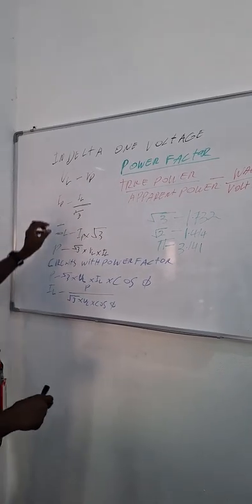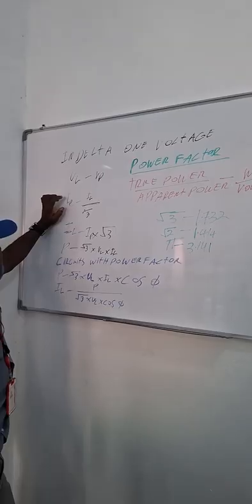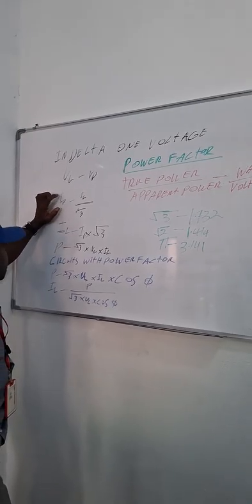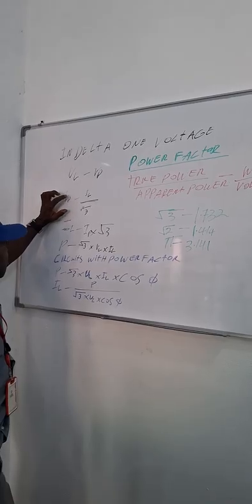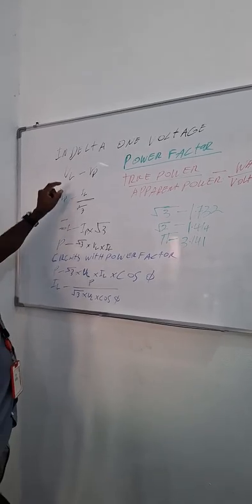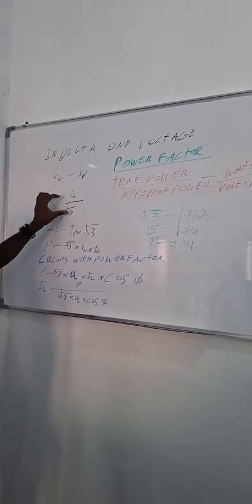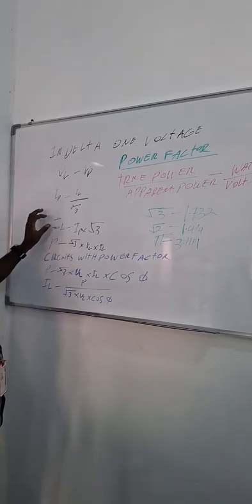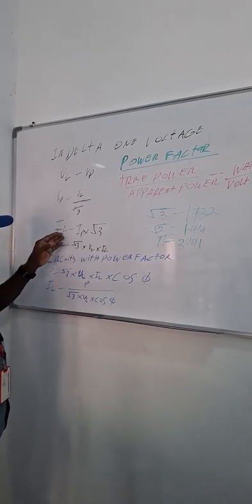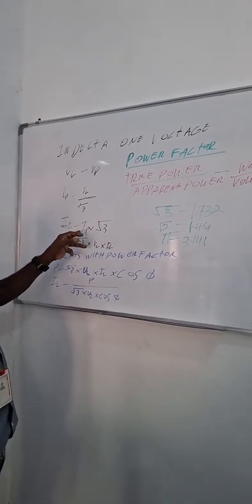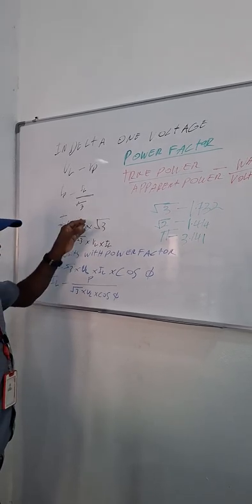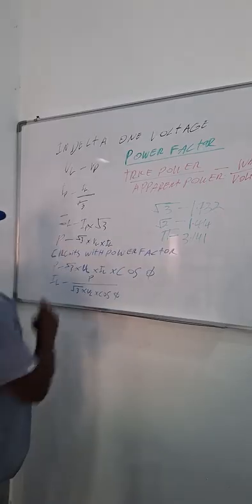Then we have the phase current. Phase current equals line current divided by the square root of 3. Line current equals the phase current times the square root of 3, which is 1.732.